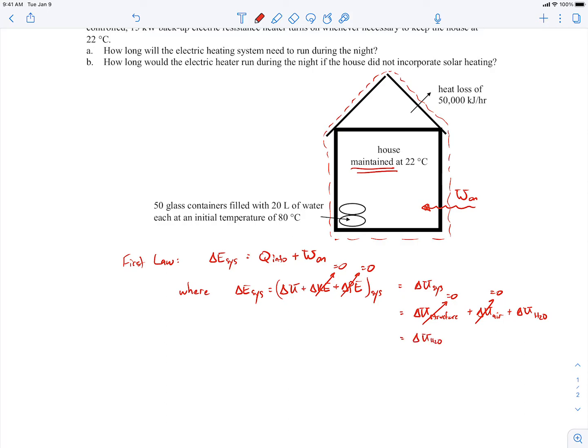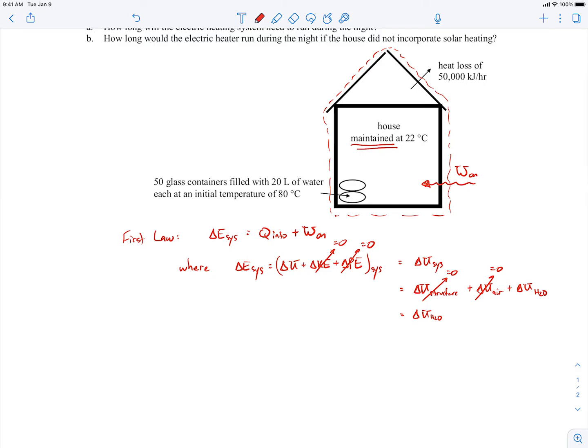Now the internal energy of the water, we'll assume that the water is an incompressible substance, so we're going to write that as the mass of the water times the specific heat of the water times the change in temperature of the water. I've made a few assumptions here, so let me expand those out in just a moment.